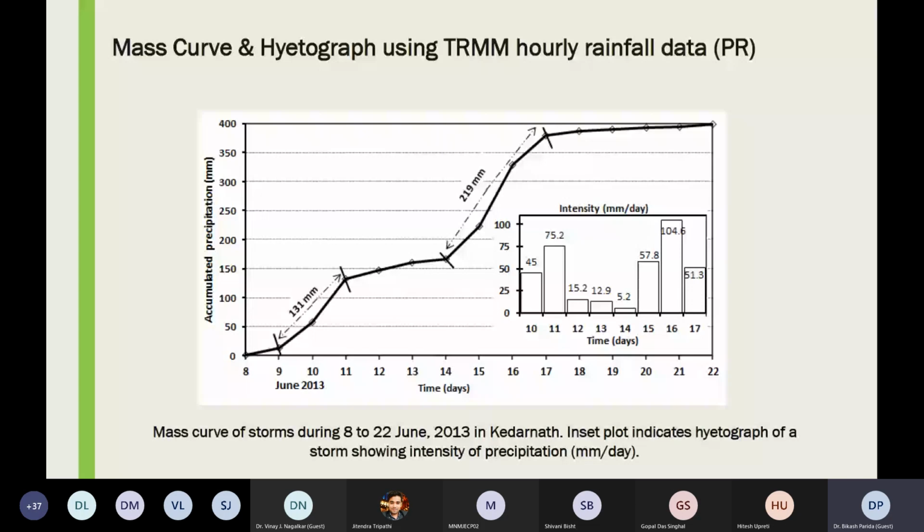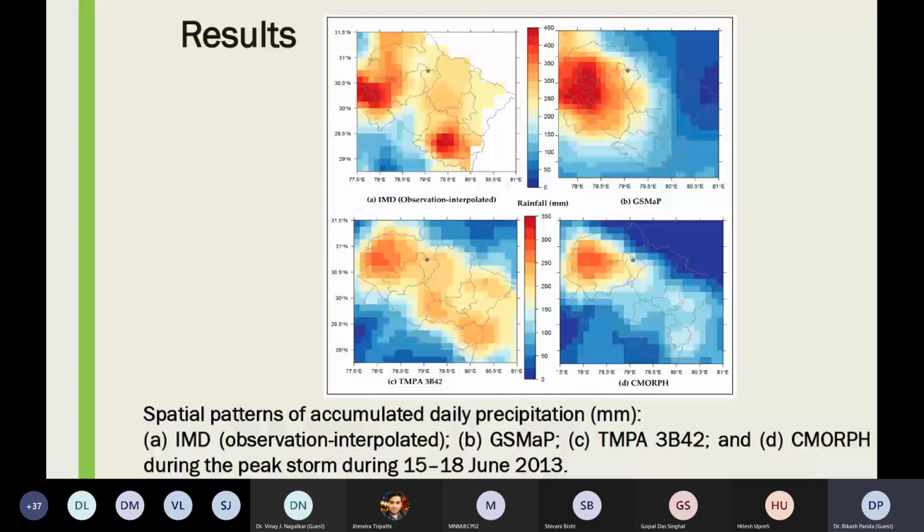And this is the spatial data for the different products. The first, A, is basically the gridded IMD data set. You will find how the rainfall is distributed during that period. This is the sum of the cumulative rainfall over one week during that cloudburst event.